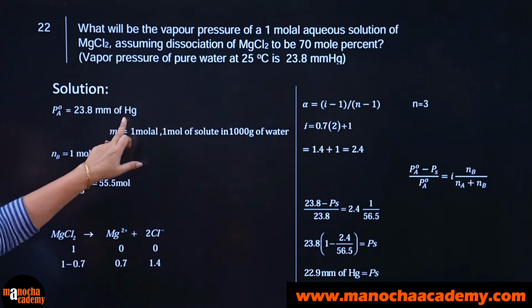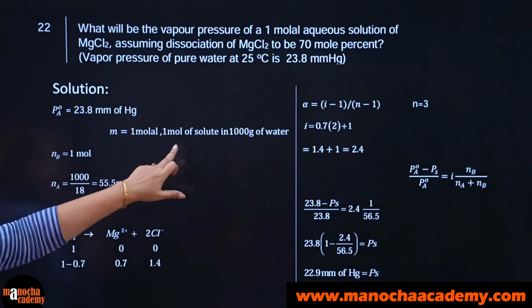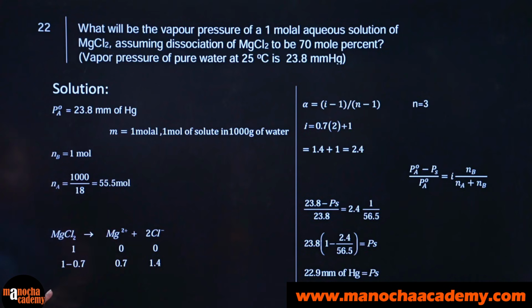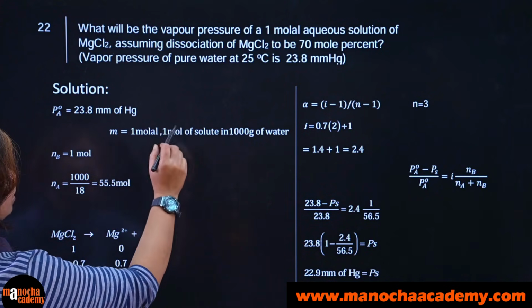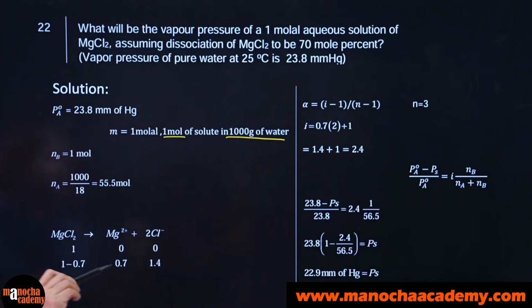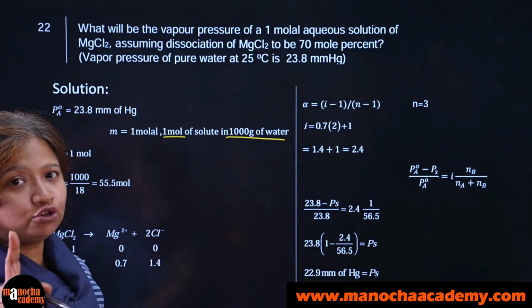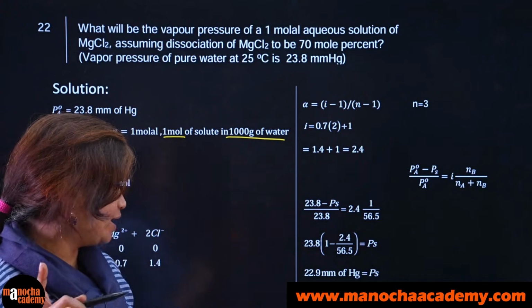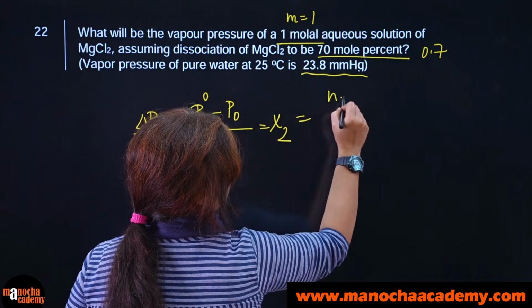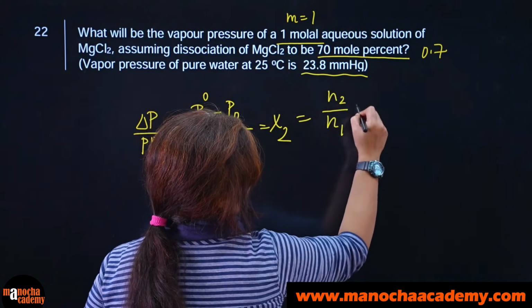P_A0 is 23.8, given to us. Molality, as we have discussed, means 1 mole within 1000 gram of the solvent. Now 1 mole and here 1000 gram. So from here you can find out, because X2, the mole fraction, means N2 by N1. I missed out writing that. This means N2 by N1, and this means what?